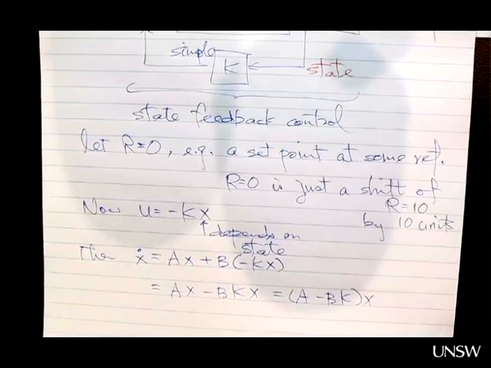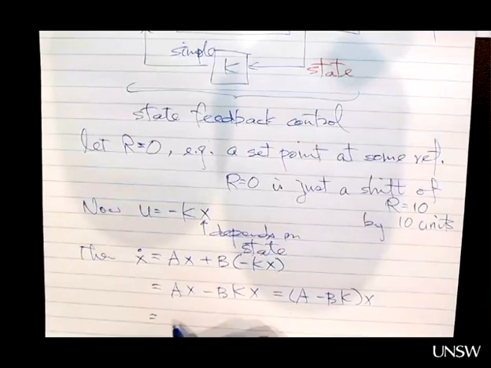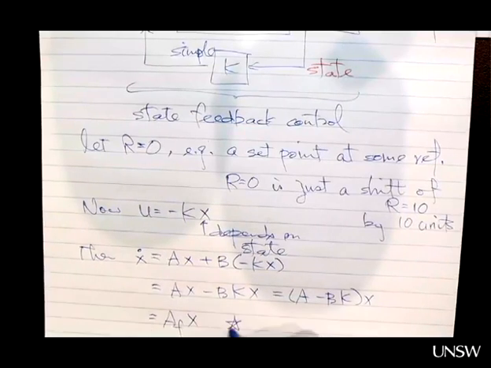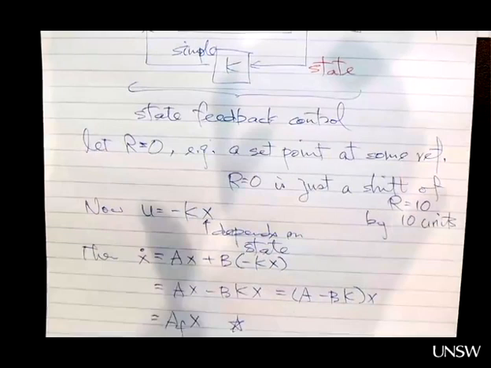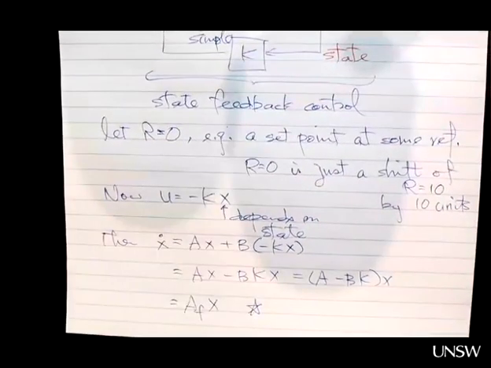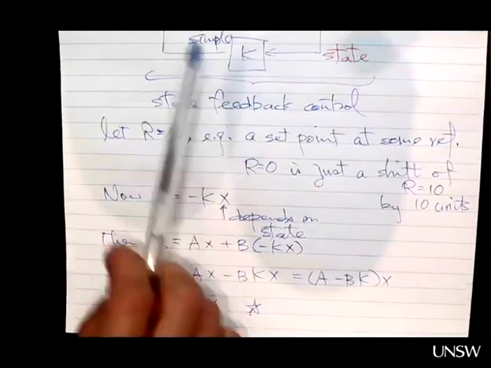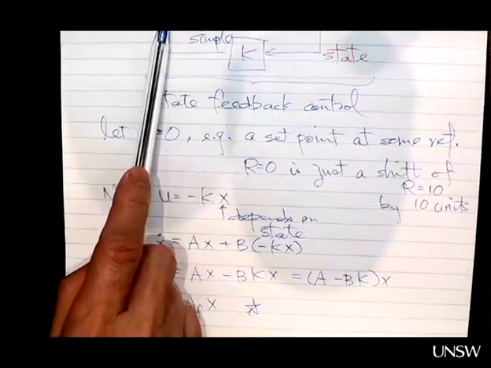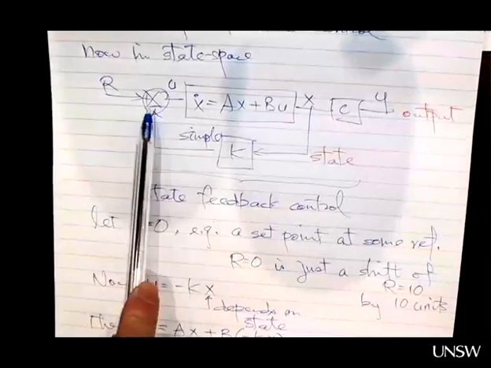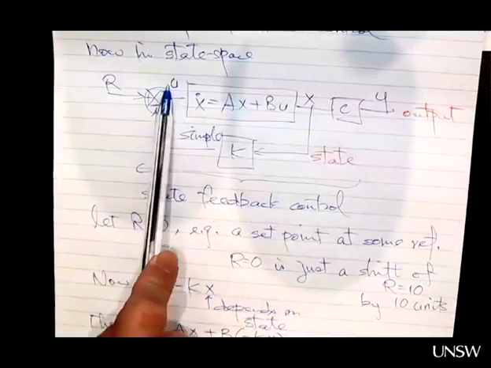Then we define another system. u equals minus Kx, this is the feedback we use, with the minus.